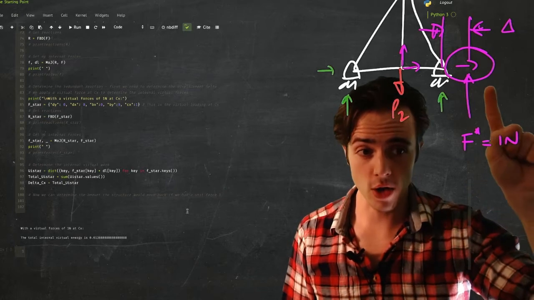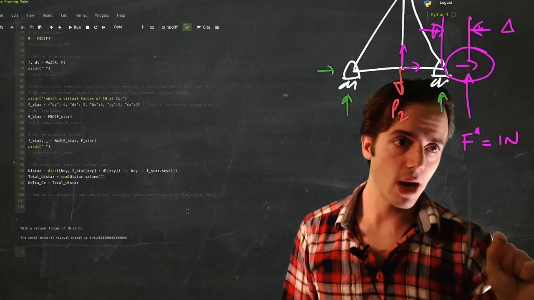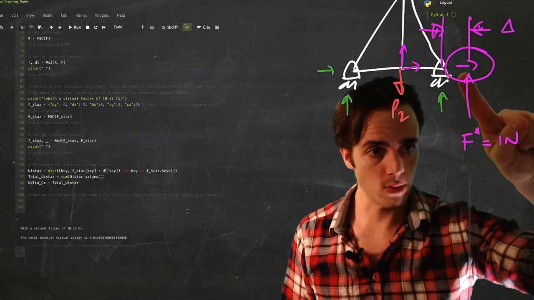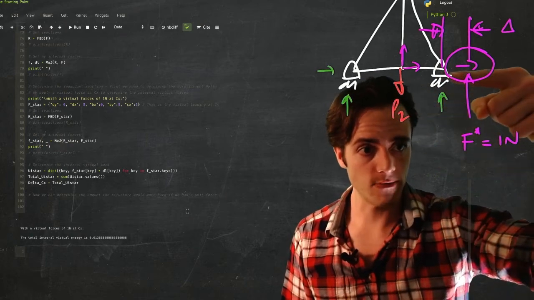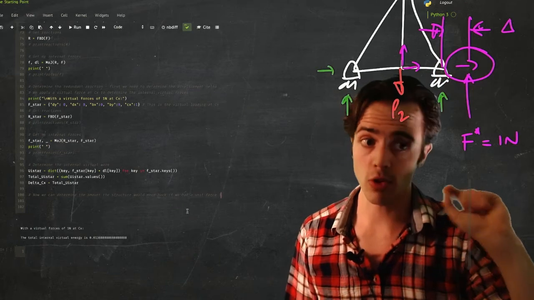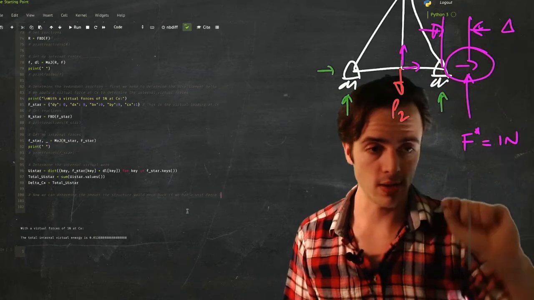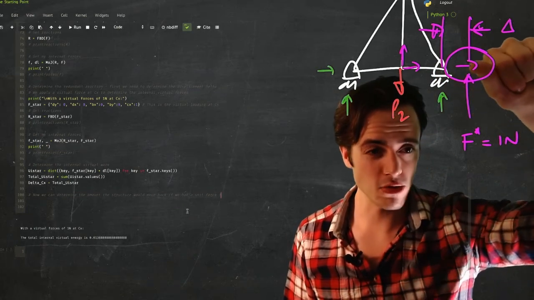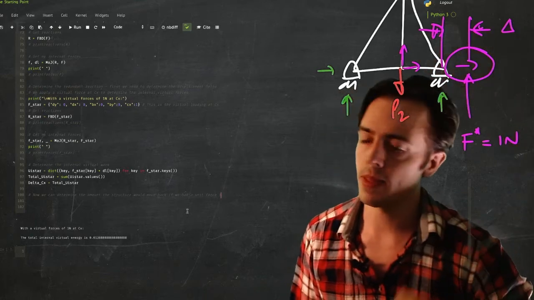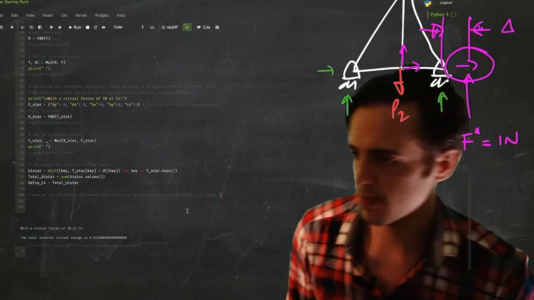That was a virtual force. What we're about to do now is work out how much the structure would move back if we have a force of 1 here. That's not a virtual force because we don't care about P1 and P2 now. We want to know how much the structure will move if I push it with 1 Newton. So it's going to be a unit force.